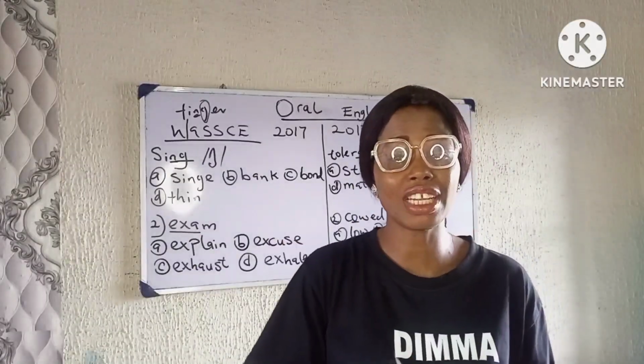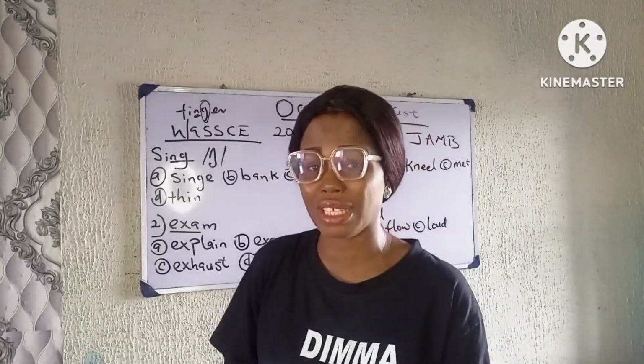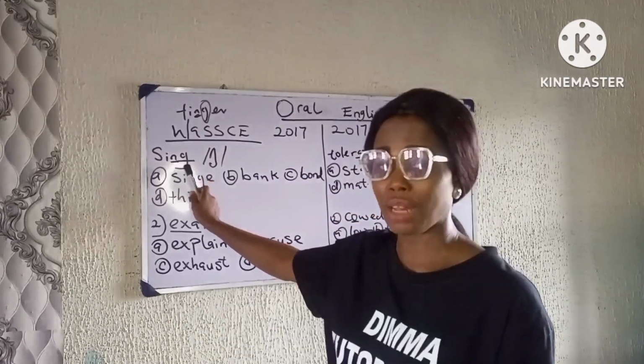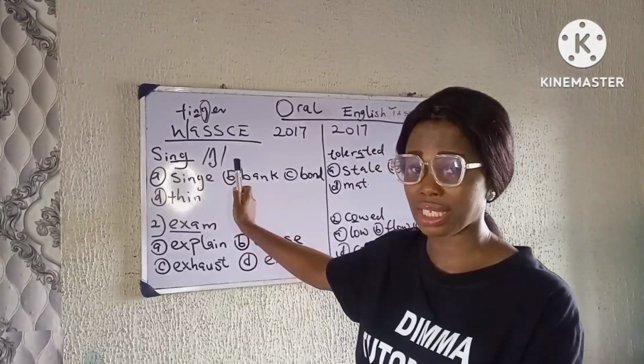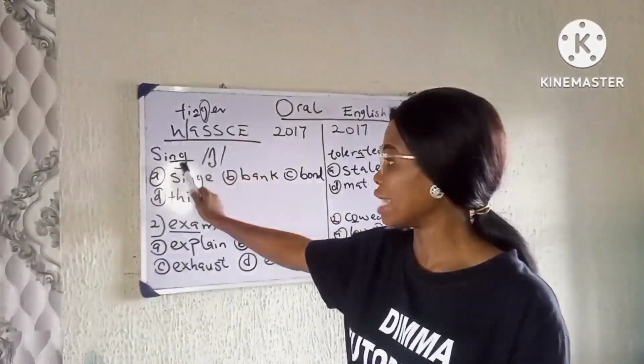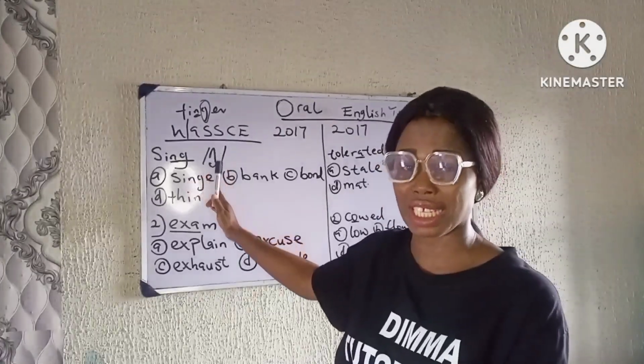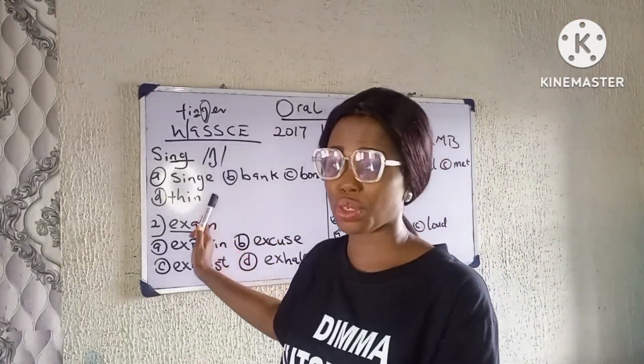But when you have the letter G that Nigerians pronounce as G, the ng will have this sound if it appears in the middle of a word like finger, and the ng will have this sound if it appears at the end of the word.